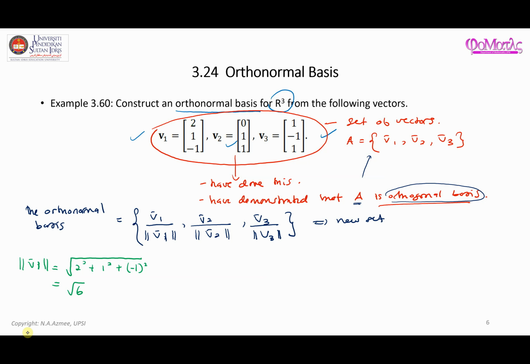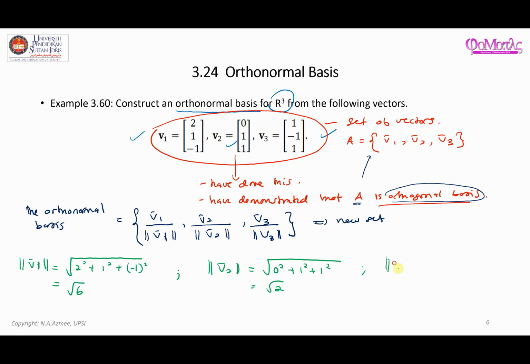Then the magnitude of vector 2 is the square root of 0 squared plus 1 squared plus 1 squared. So this is the square root of 2.